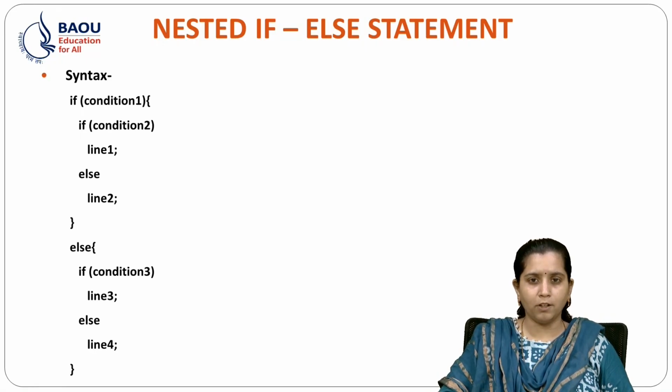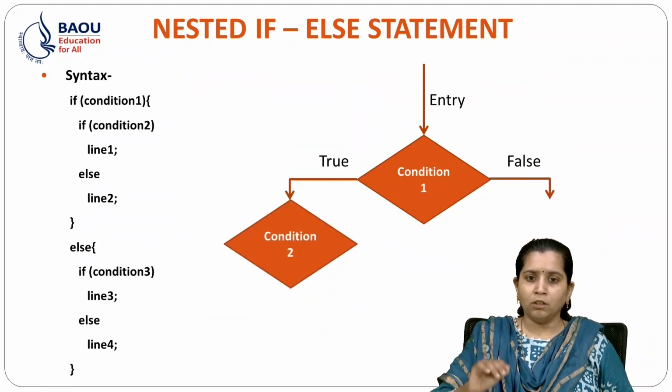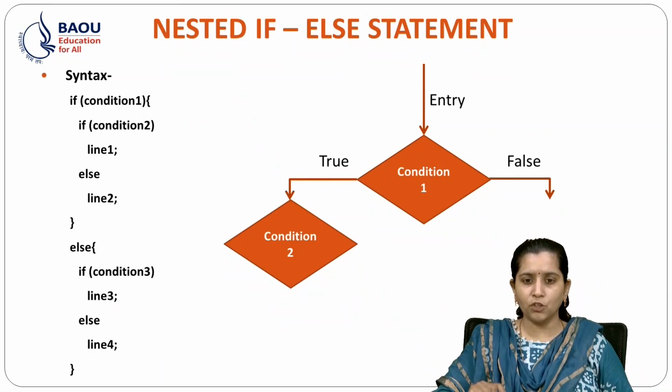And how does this work? Let's see our flow chart. First, it will compare whether this condition is true or not. If it is true, then the true block will be executed, and in that we again have a condition applied, and we will again compare whether it is true or not.